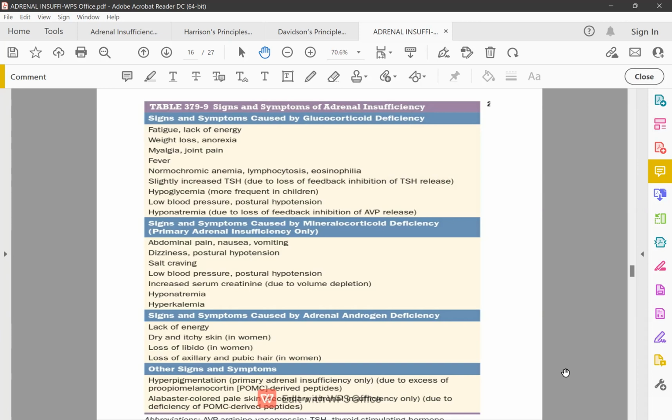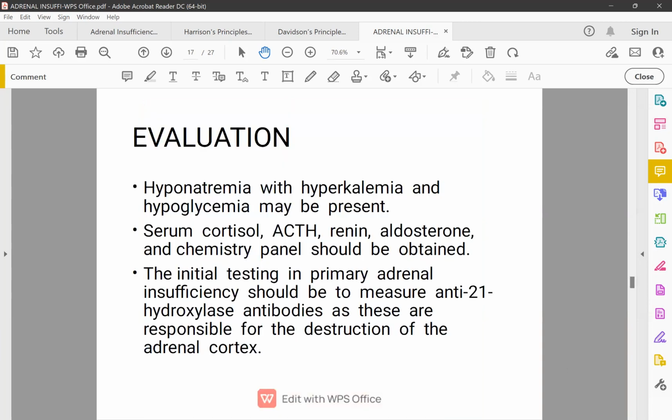So it fitted into a primary adrenal disorder. Then we went into the disease. There was a metastatic deposit in the adrenal gland, which resulted in the deficiency in that particular patient.